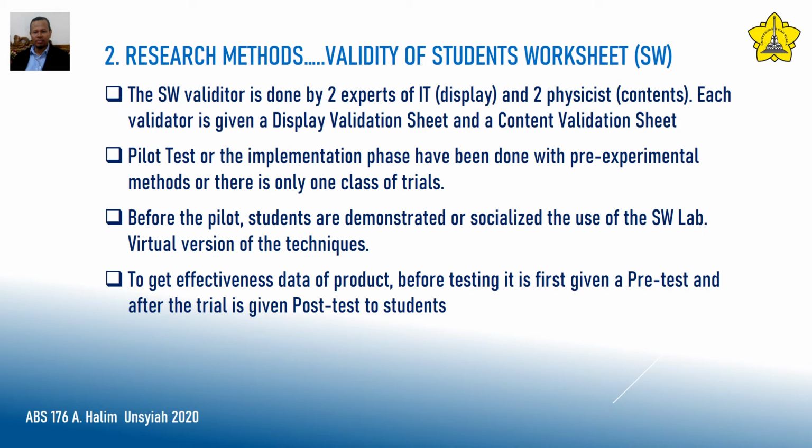The pilot test or implementation phase was done with a pre-experimental method, with only one class to try. Before the pilot test, students were demonstrated or socialized on the use of SW Lab Virtual. To get effectiveness data of the product, before the pilot test it is first given the pre-test, and after the pilot test, we gave the post-test to students.